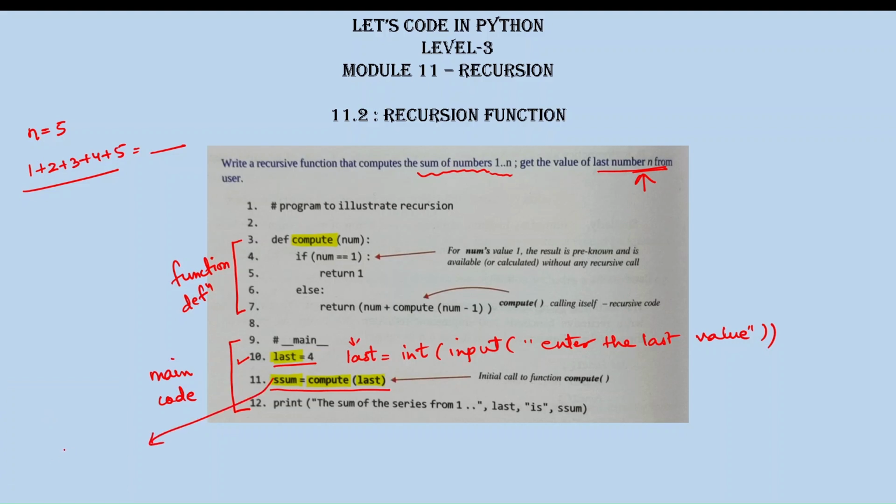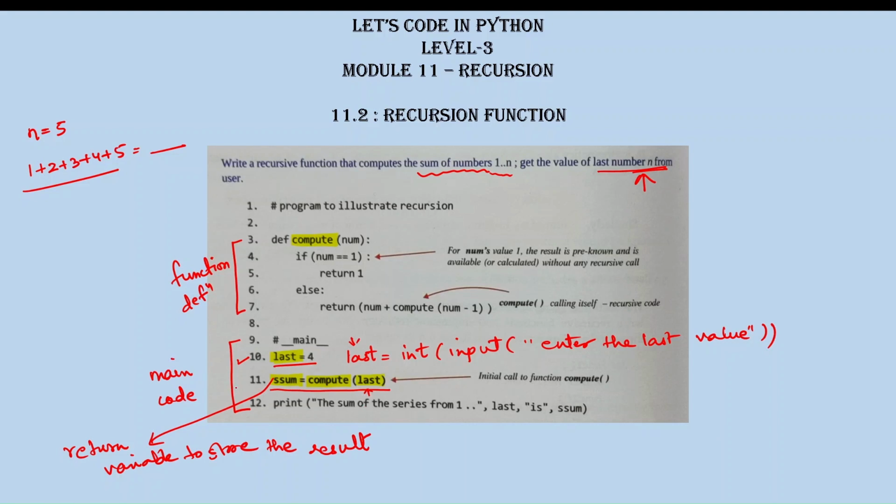So one return variable you're going to get over here, which will store the result, and one argument is here which you have to pass.